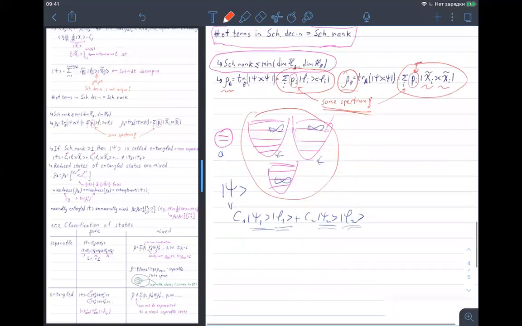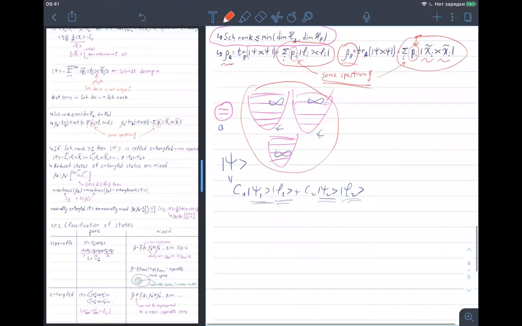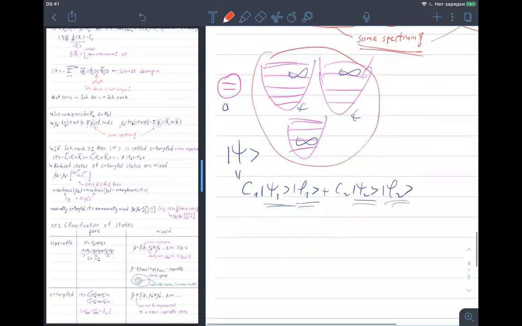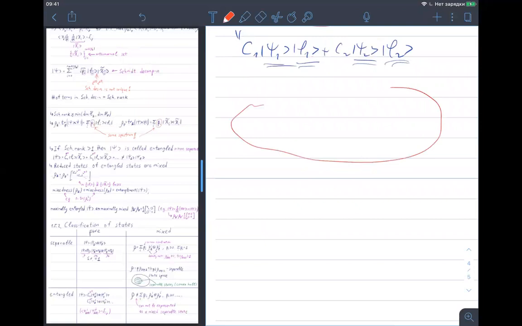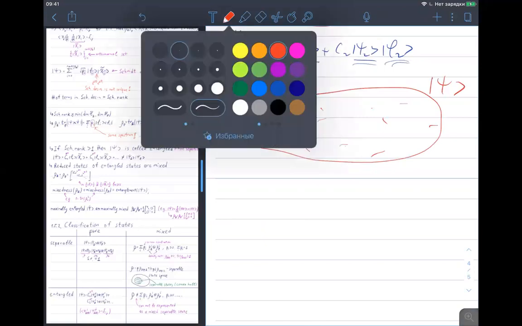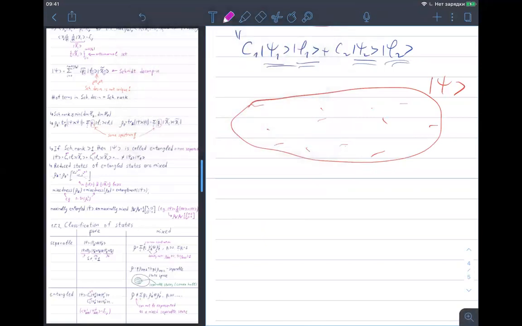It's also quite an interesting story. You can consider a very large system with a number of particles. If you know that your system is in some pure state, you can divide it as you want, in two parts, like this or like this, and you always know that the spectrum of this part of your system is the same as the spectrum of all the rest of your system.